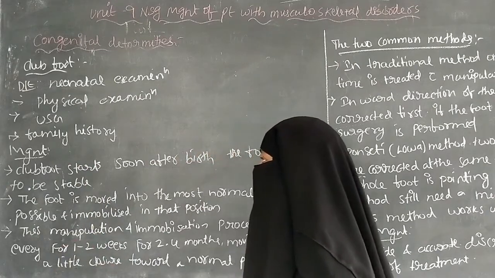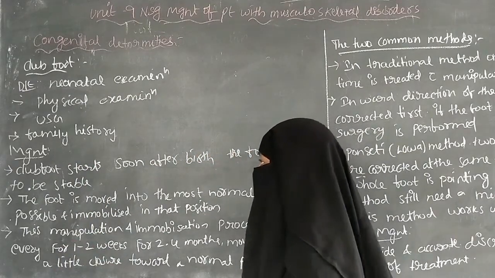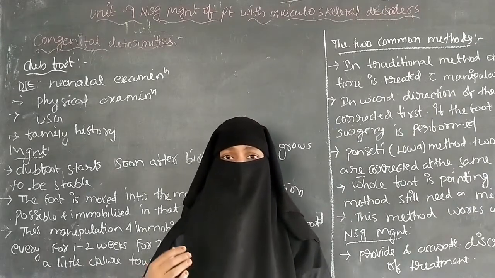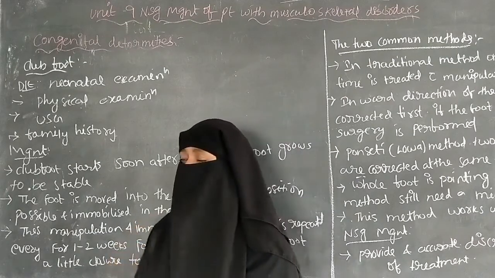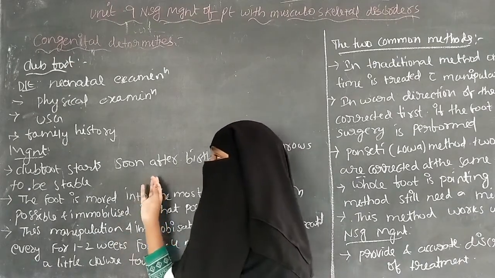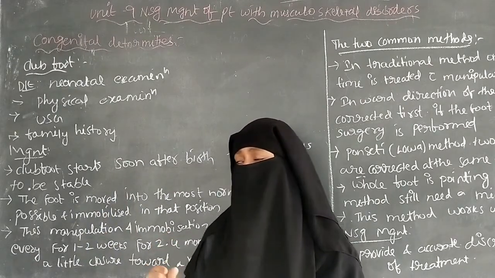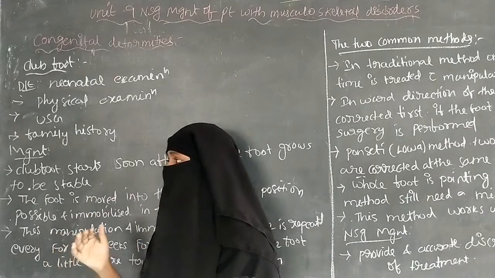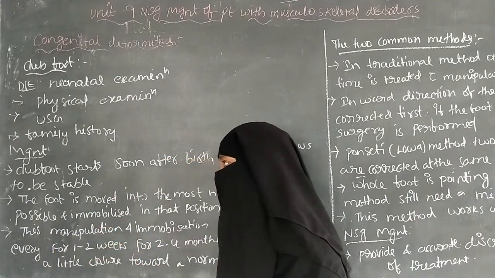Treatment of clubfoot starts soon after birth, while the foot grows to be stable. The treatment can start at birth, but normal development can occur in the foot and it becomes stable.